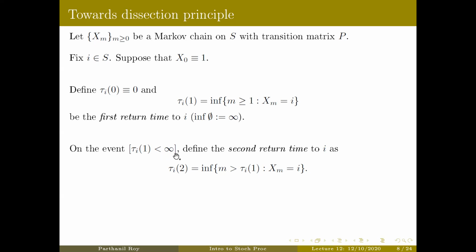When the first return time is finite, this is well defined. Now this can still be infinity, because after returning for the first time, it may so happen that the Markov chain never returns for the second time. So this can still be infinity. It's possible.